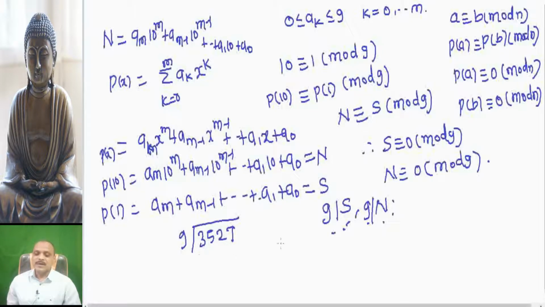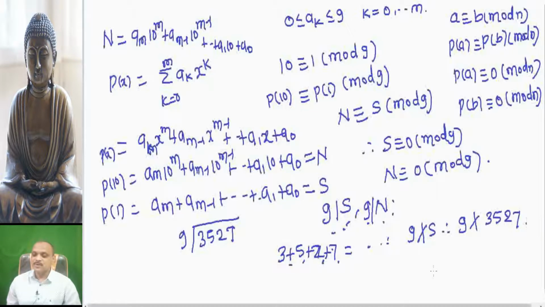I will sum this: 3 plus 5 plus 7 plus 2 plus 7 equals 3 plus 5 is 8, 8 plus 2 is 10, 10 plus 7 is 17, and 17 is not divisible by 9, and therefore 9 is not a divisor of S. Hence 9 is not a divisor of 35727.